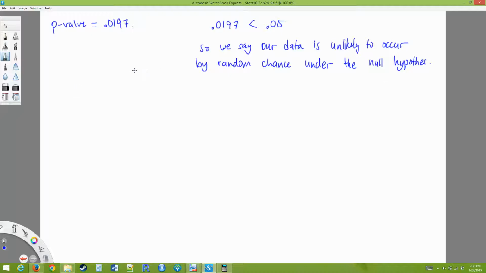So what this is saying is that if the high school dropout rate did not change, if the dropout rate is still 18%, what is the probability that a random sample would show a dropout rate of only 15.5%? Well, it's unlikely for a random sample to show 15.5%.